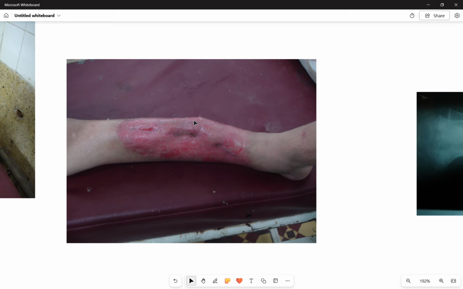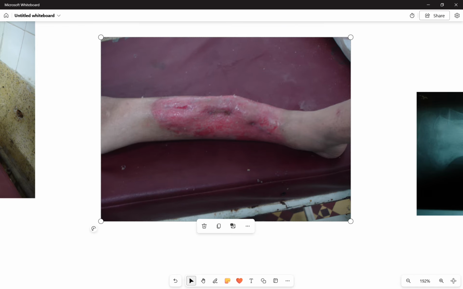There is a deformity over here, several fistulae and sinuses, and from here the pus and secretions have been oozing out, and it's going on for a long time. And this is a picture of chronic osteomyelitis, which is involving the tibia.